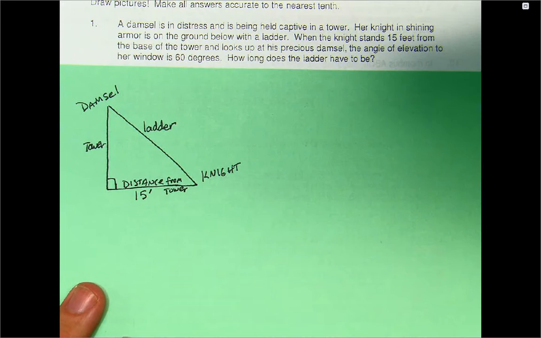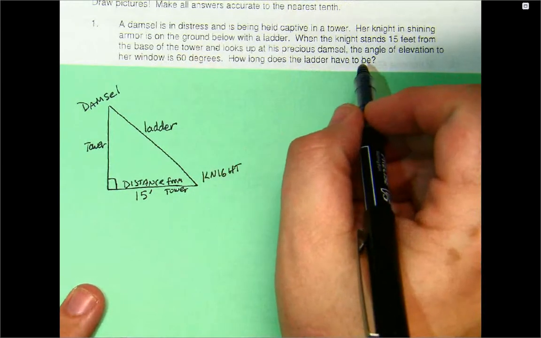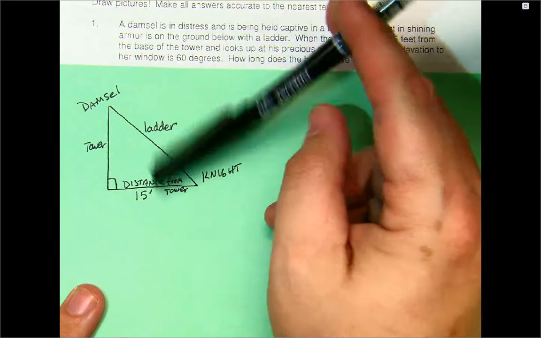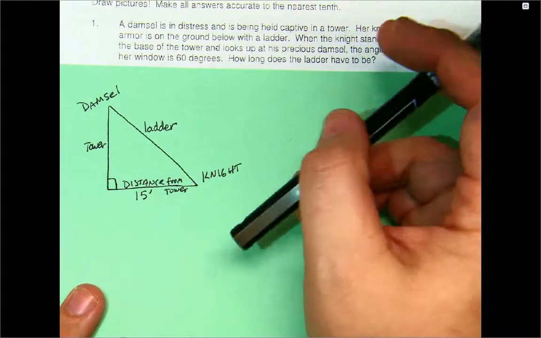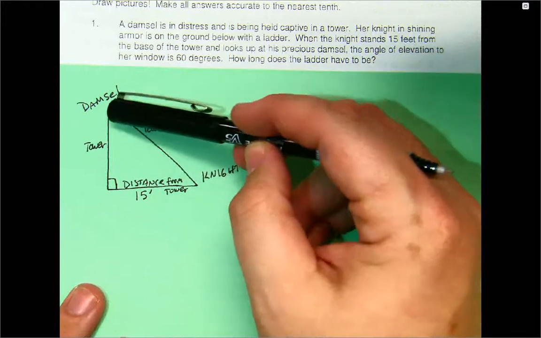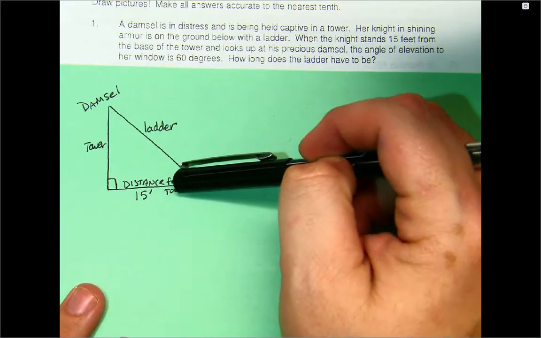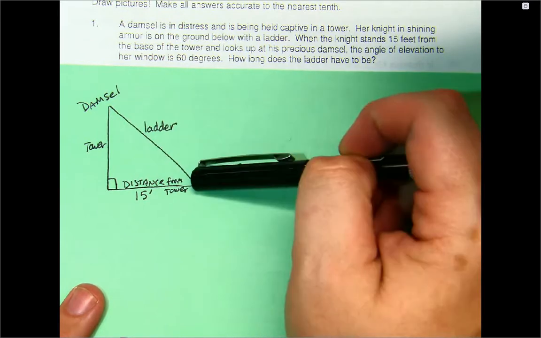Now, it says there's an angle of elevation to her window of 60 degrees. Somewhere in this triangle, we're going to put that angle of 60 degrees. Where's it going to go? Is it going to go up by the damsel, or is it down by the knight? Alright, so I heard two people. Up by the damsel, down by the knight.